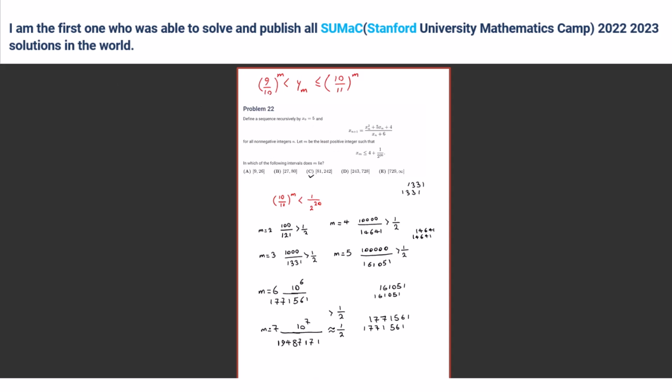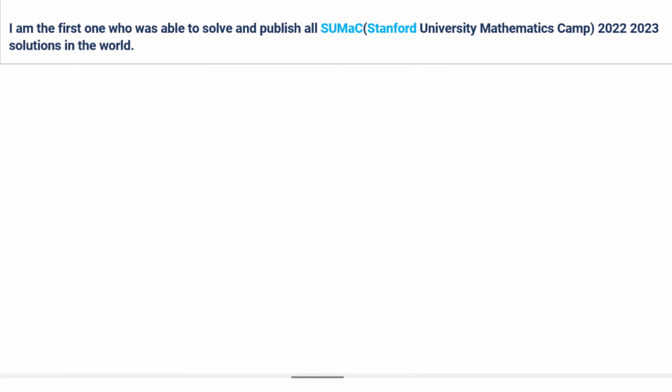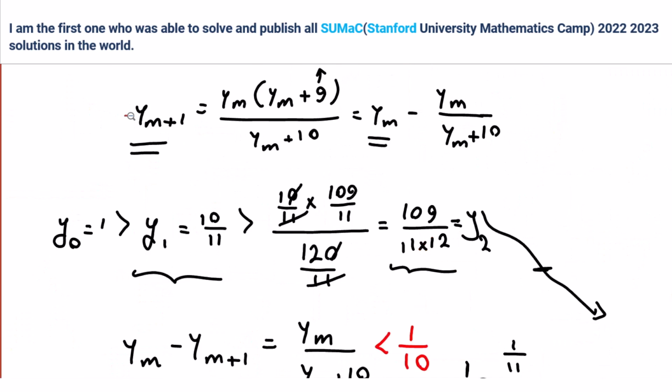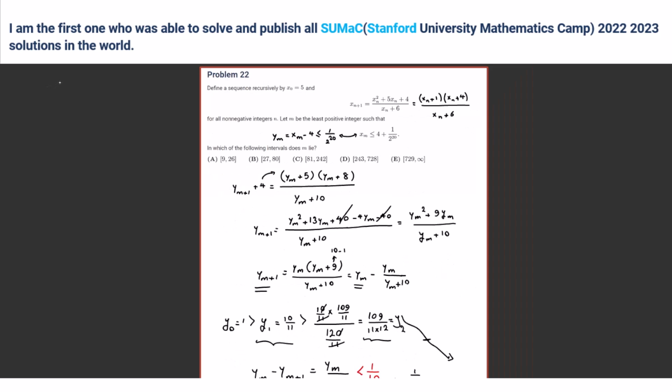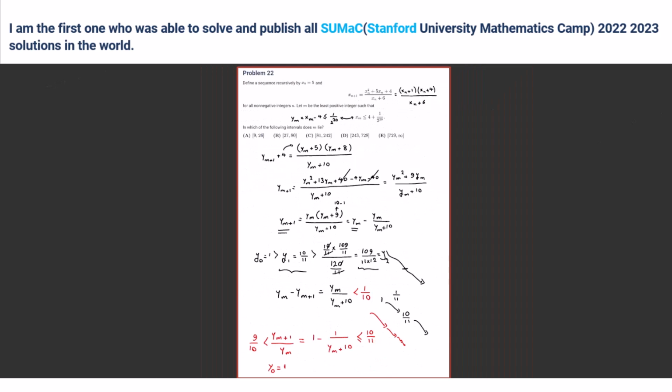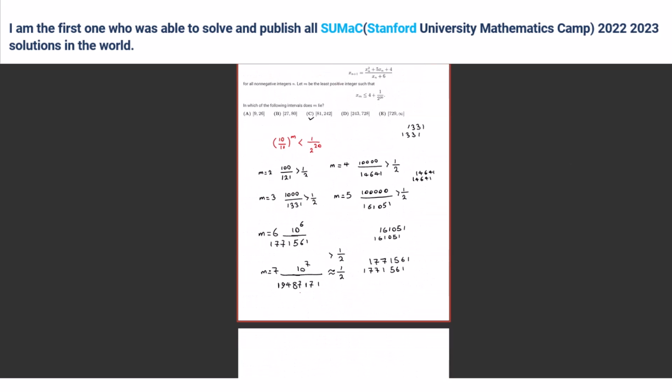If you want, you can quickly find the answer like this, but if you want to make sure with a more rigorous proof, let's do something. Let's calculate m=8. For m=8, it is 10 to the 8, and we can write this twice, right? 194871711.